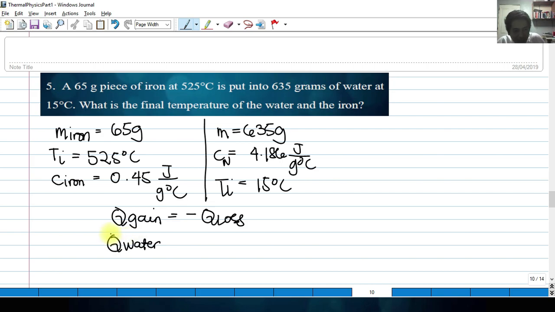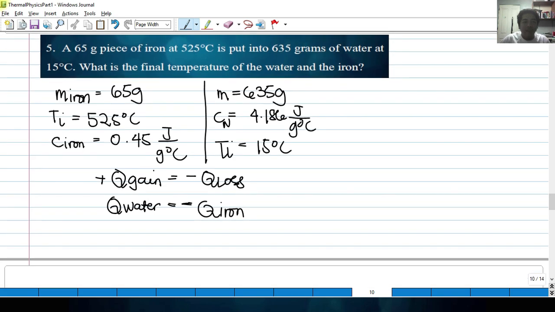If the water gained an amount of heat, that should have a positive sign. Or in other words, that is equal to the amount of heat lost by the Q of iron. And that should be negative because it loses heat.